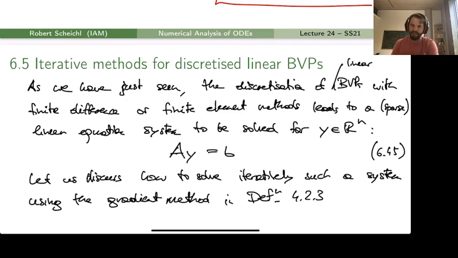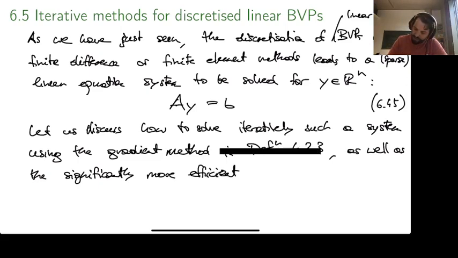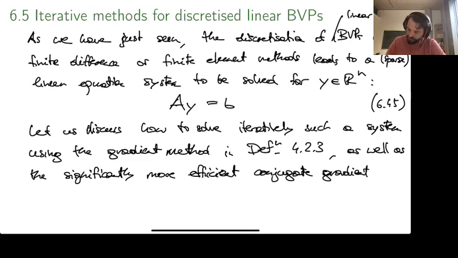Here we are going to apply it to this linear problem, as well as, and this is the main reason of this section, to introduce and analyze the significantly more efficient conjugate gradient method. So it's also a descent method as we defined in section 4, but it's specifically tuned.